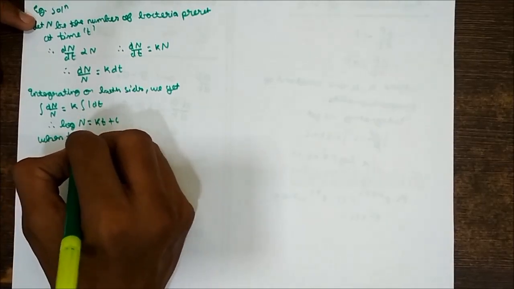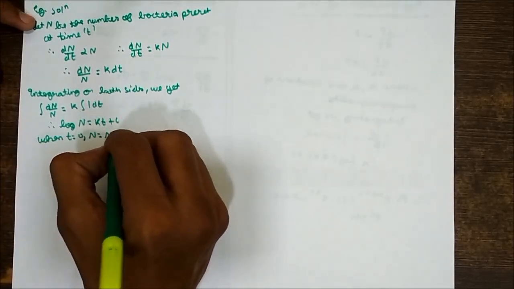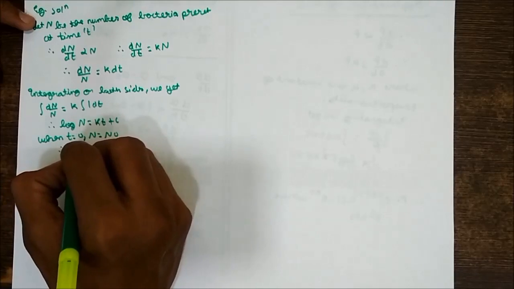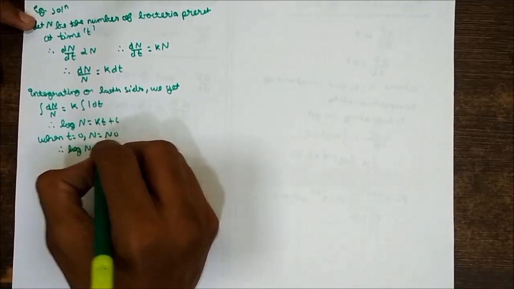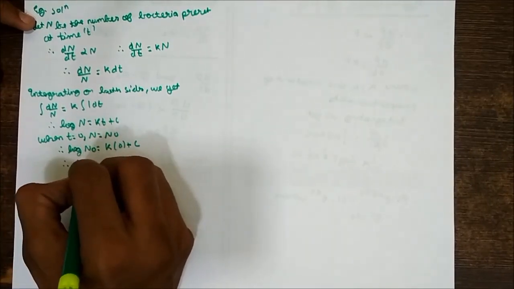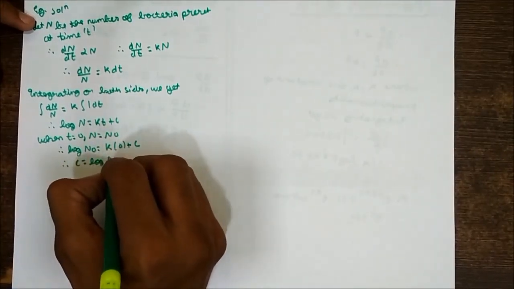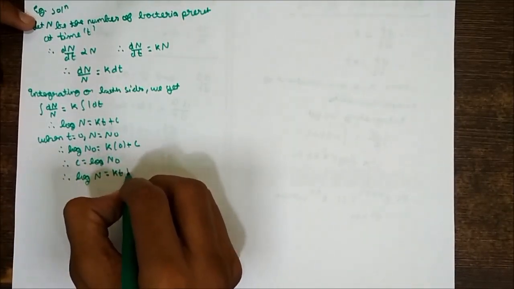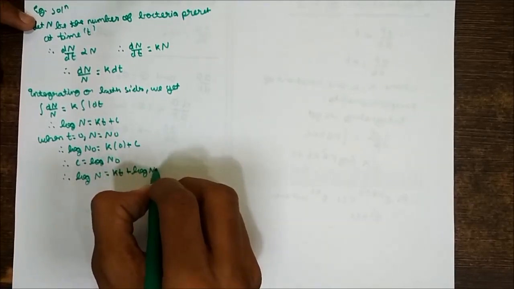When t is equal to 0, n is equal to n0. Therefore, log n0 is equal to k 0 plus c. Therefore, c is equal to log n0. Therefore, log n is equal to kt plus log n0.